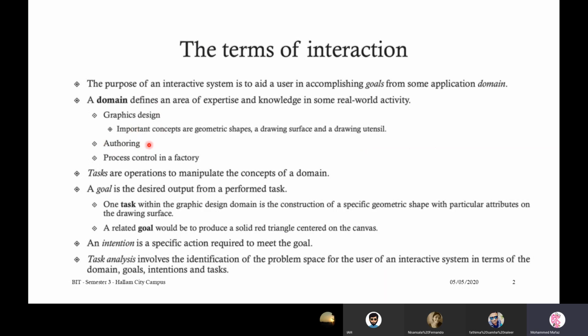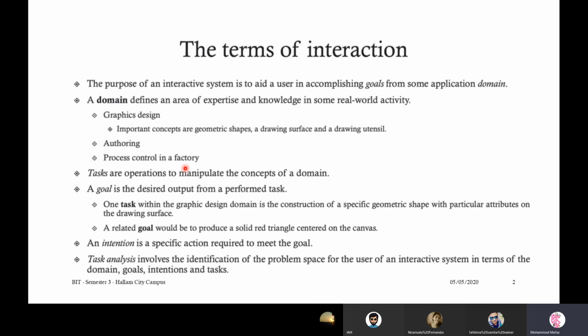So that is the graphics design domain. Similarly, if you are using authoring software, so it could be a video authoring software, again you may have to have some idea and knowledge about how videos work and how the concept of frames, how you can cut a frame, how you can trim a frame, merge a frame, like that, different type of domain. Like that, forget about direct interaction with the computer, there might be an indirect interaction where you are trying to control a process in a factory.